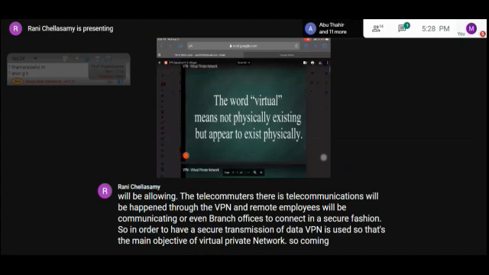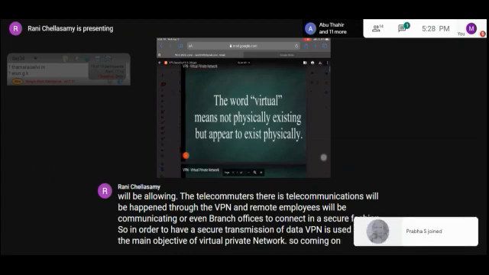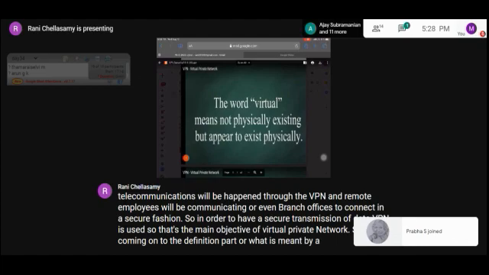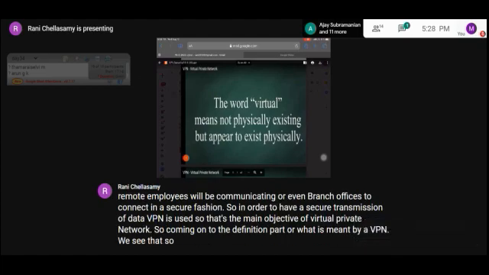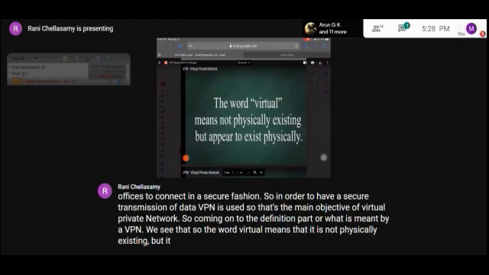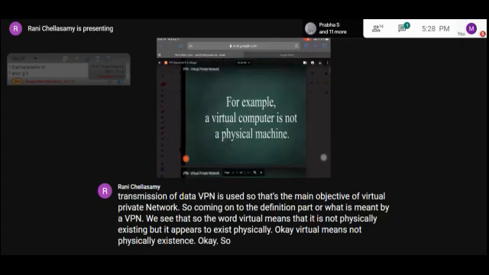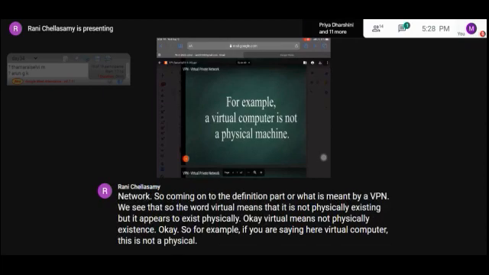Coming to the definition, what is meant by a VPN? The word virtual means that it is not physically existing, but it appears to exist physically. For example, if you say a virtual computer, this is not a physical computer.